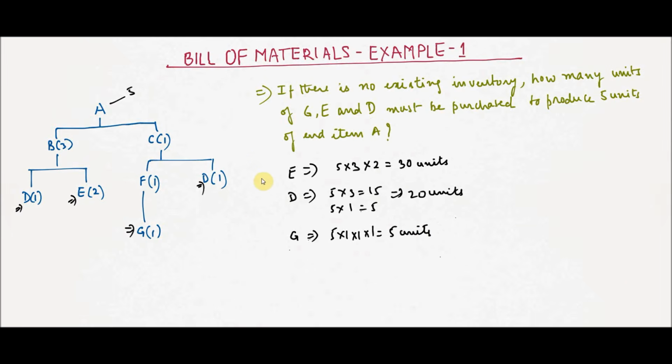So this is how you can find out how many quantities of E, D and G are required to produce 5 units of end item A.